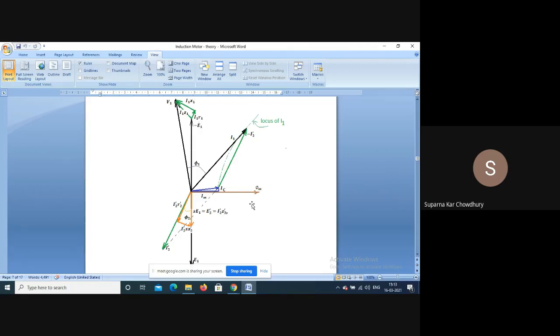As Im is perpendicular to E1, it cannot supply the losses. So there is actually a current Ic which provides the losses. Basically the no load current is not only Im, but Im plus this small value Ic.